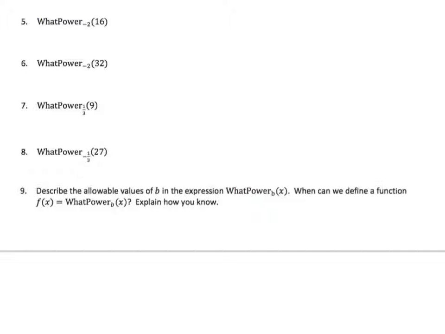1 raised to anything is going to be 1. So that doesn't work. Let's keep trying them. -2 raised to what power is 16? I do know that 2 times 2 times 2 times 2, 4 times, equals 16. Let's double check that. I'll put parentheses, -2 raised to the 4th power, and I get 16, so that works.